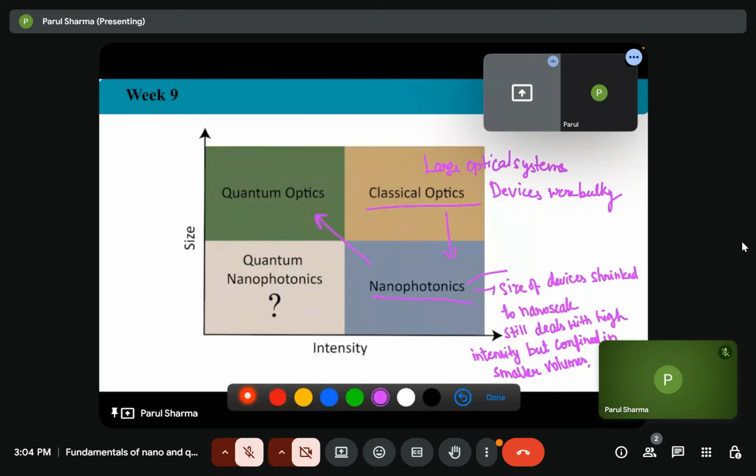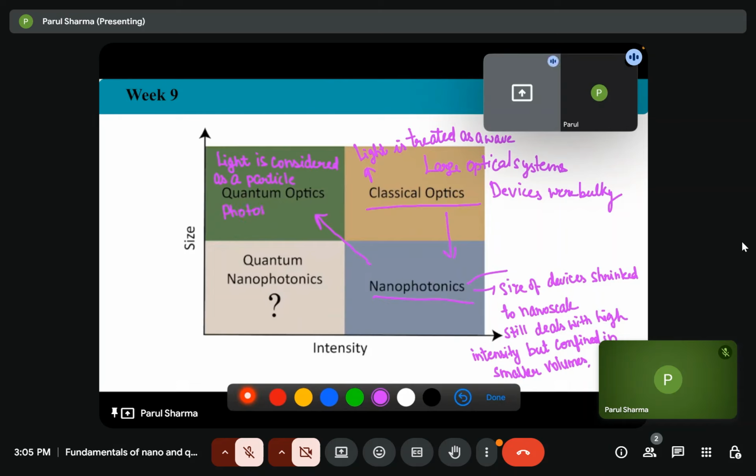So in the classical optics, light is treated as a wave. In quantum optics, light is considered as a particle, which we say quantum.